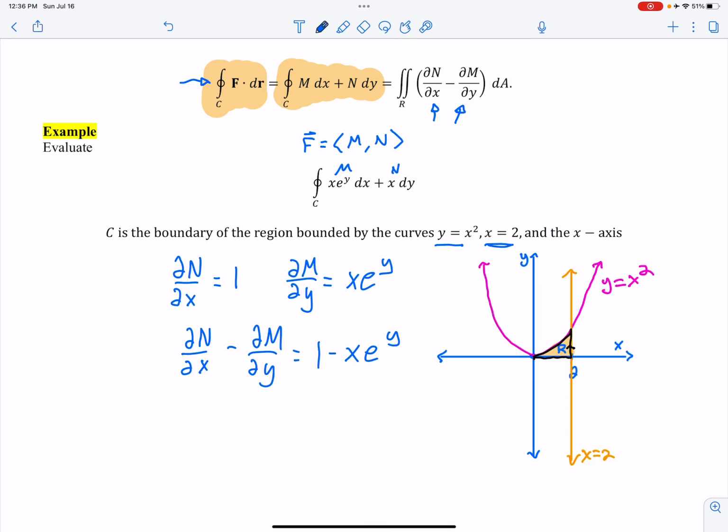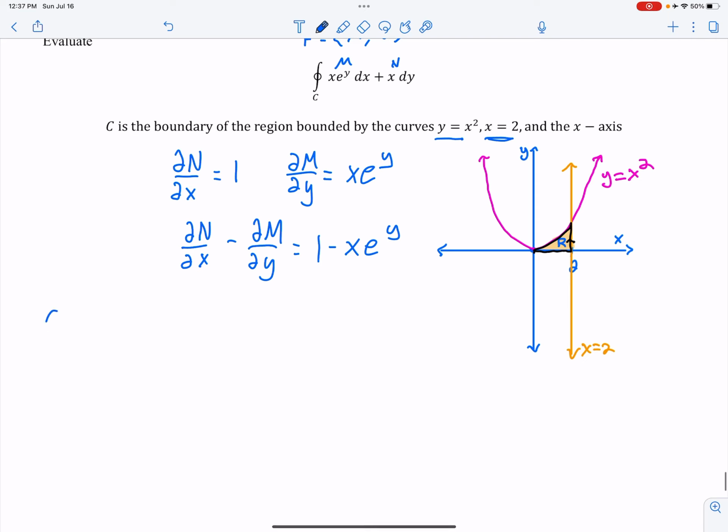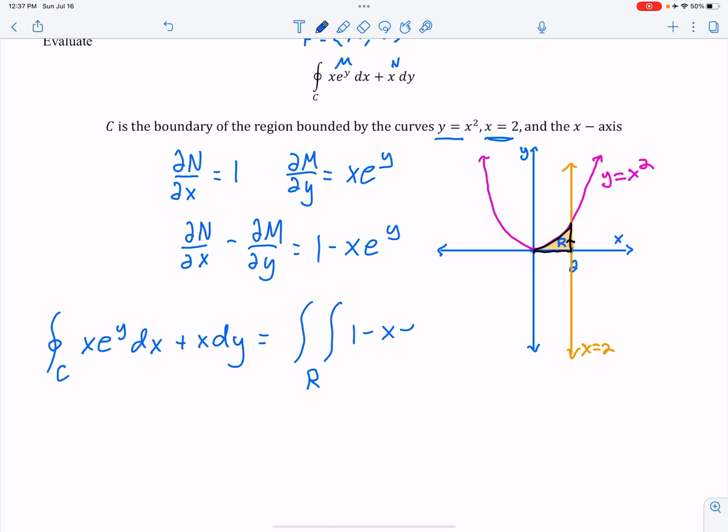So I know that this line integral, I like to rewrite it here, is equal to the double integral over my region R of 1 minus x e to the y dA.